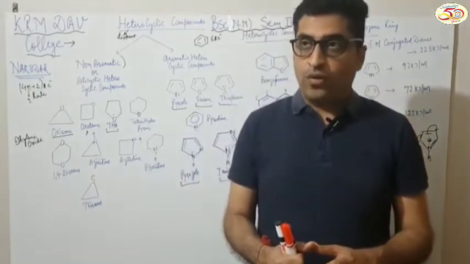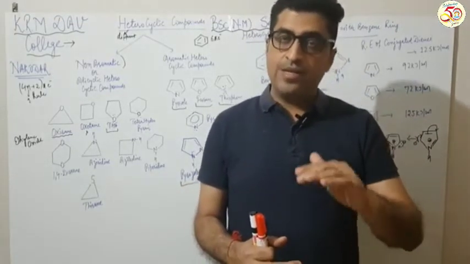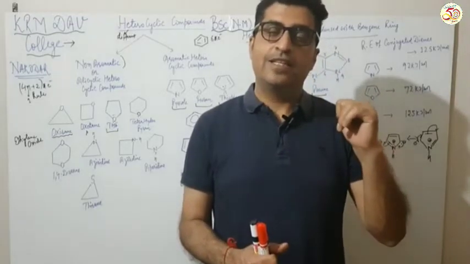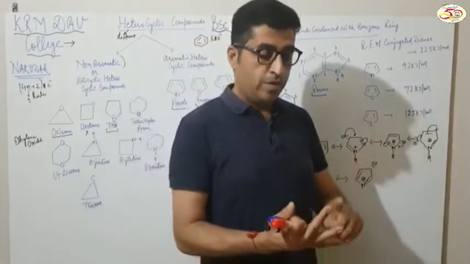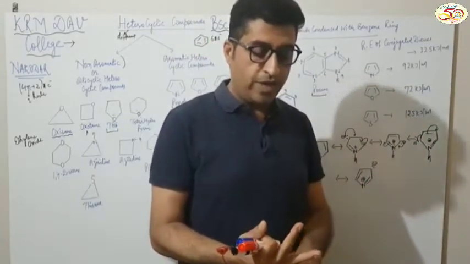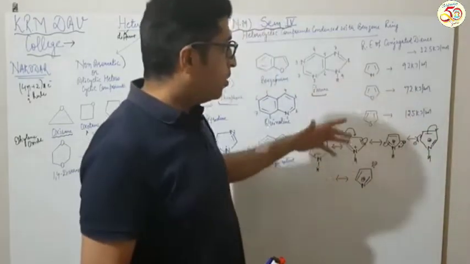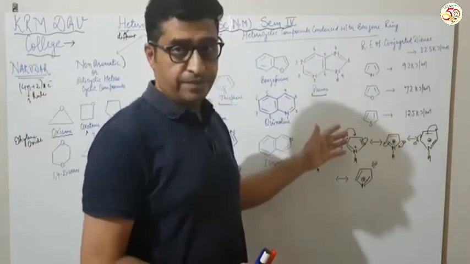Now, first of all, I want to compare benzene with the molecules of this syllabus, because I'm going to teach you 4 molecules: pyrrole, furan, thiophene, and pyridine. First of all, I'm going to compare 3 molecules: pyrrole, furan, and thiophene with benzene.